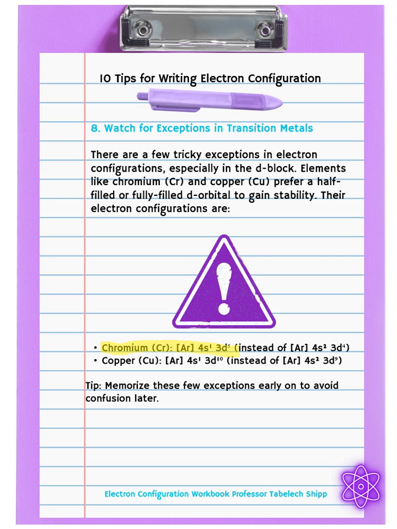You would write that for chromium instead of writing 4s2 3d4 because of the stability factor. So again, remember that there are two exceptions to the rules, chromium and copper. Memorize these few exceptions early so you can avoid what? Confusion later.